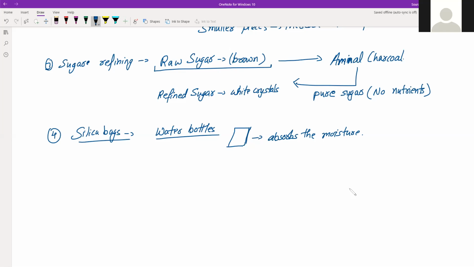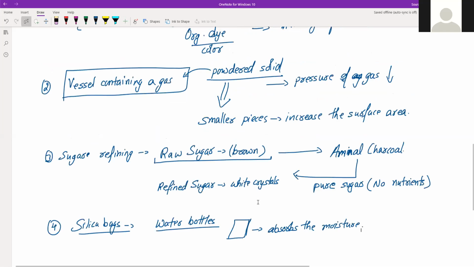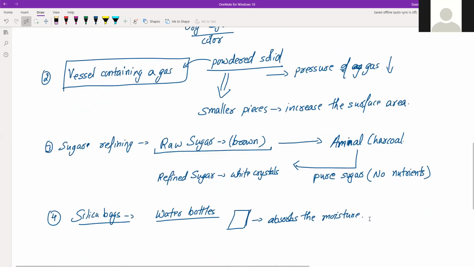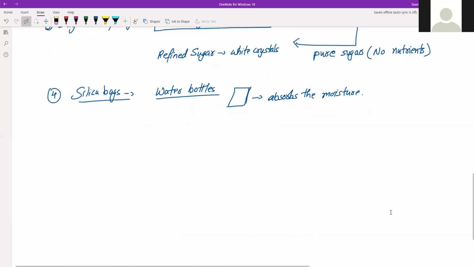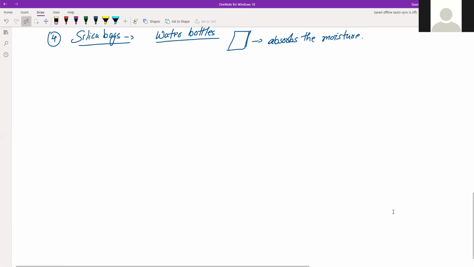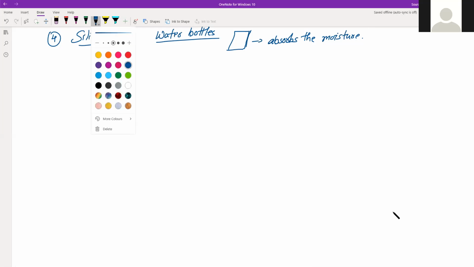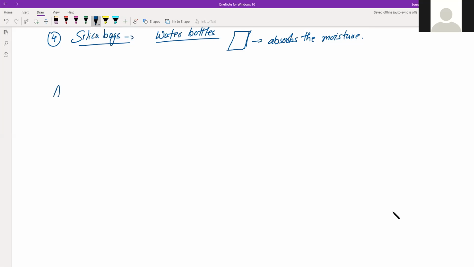So these are the real life applications, things or events where you see adsorption in action. Right. So now let's move to our next topic, that is mechanism of adsorption. How does it happen? Adsorption mechanism.